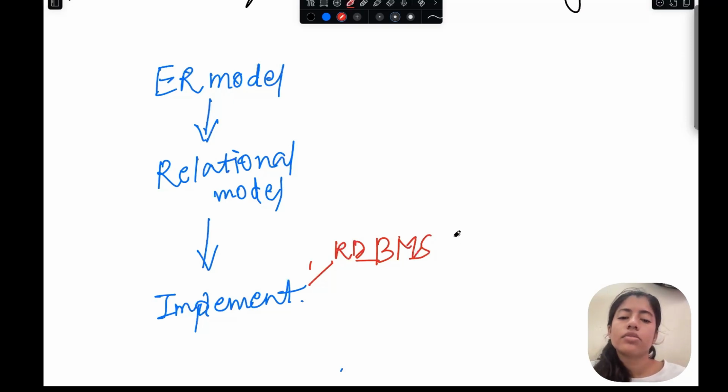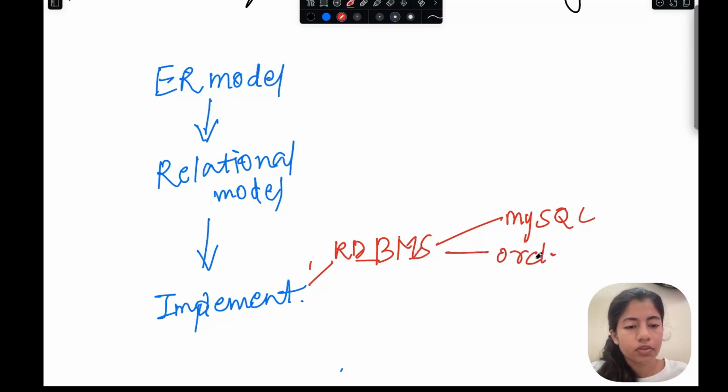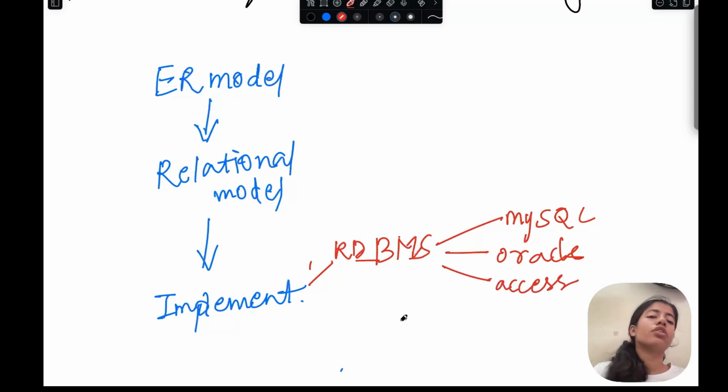Here the actual tables we are talking about are implemented in a computer. Some very widely used examples are MySQL, Oracle, and Microsoft Access. These are the examples of RDBMS.